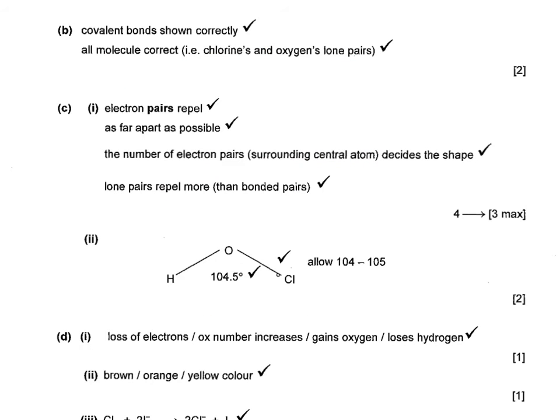So looking at what we decided to put, electron pairs repel. The number of electron pairs surrounding the central atom decides the shape, and lone pairs repel more. So that gives us 3. We got the bond angle and we got the correct shape, and again I would recommend having the lone pairs around the central atom to support your decision.